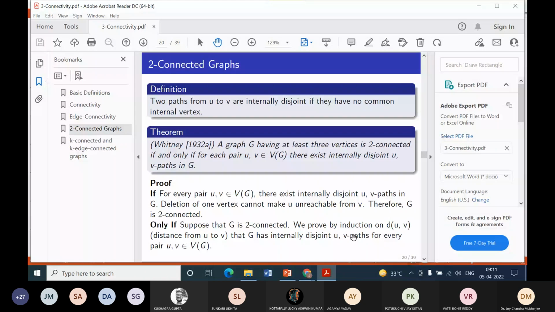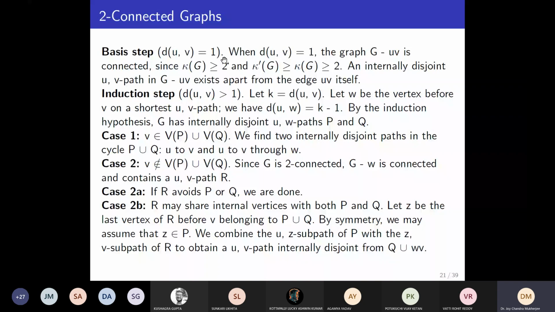Now suppose d(U,V) equals 1, what happens? If d(U,V) equals 1, it means that U and V are adjacent to each other. So the graph G minus UV means from the graph we have deleted the edge UV. But since we delete the edge UV, we do not delete any vertices. That means earlier it was 2 connected, now it will also be 2 connected.